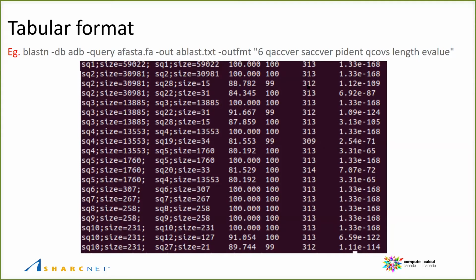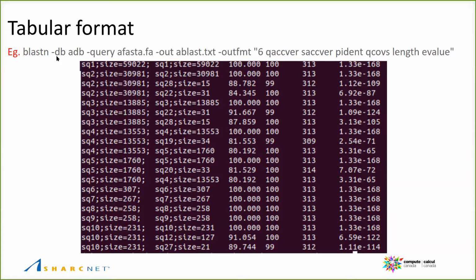So for example, in this case is the output of one of the particular formats of a BLAST search. For those that are not familiar, BLAST is an algorithm that will search sequences against a database of sequences.